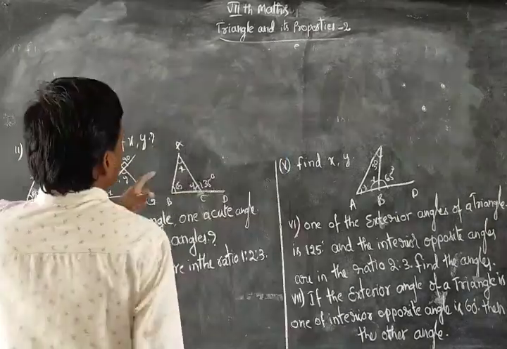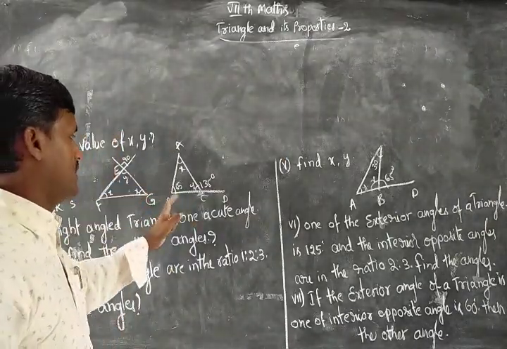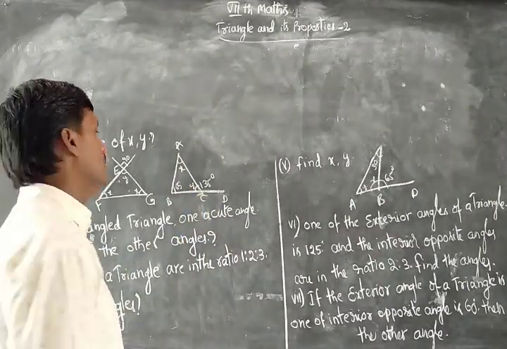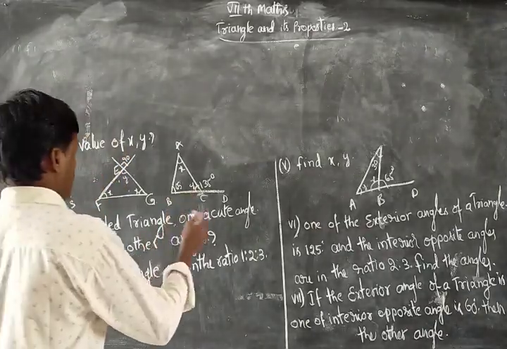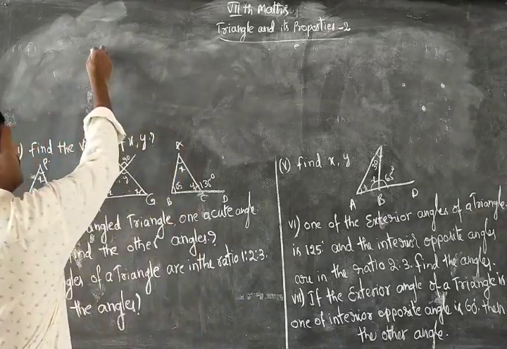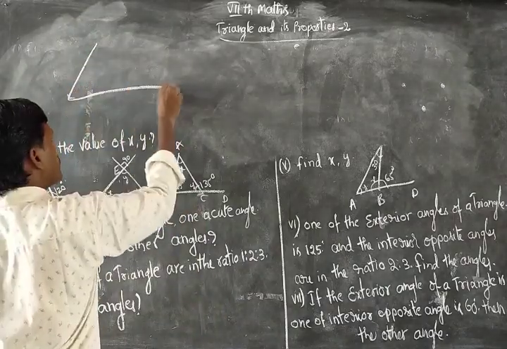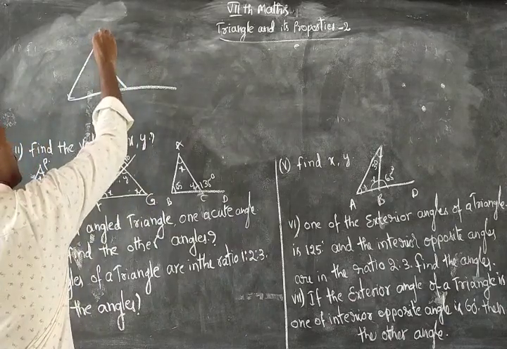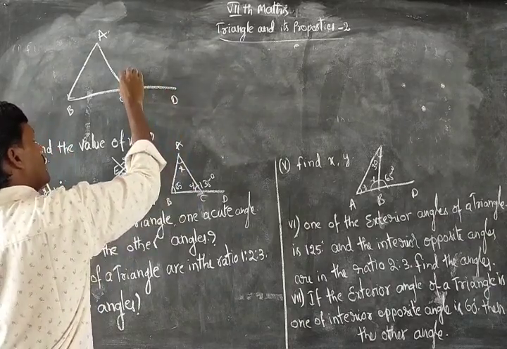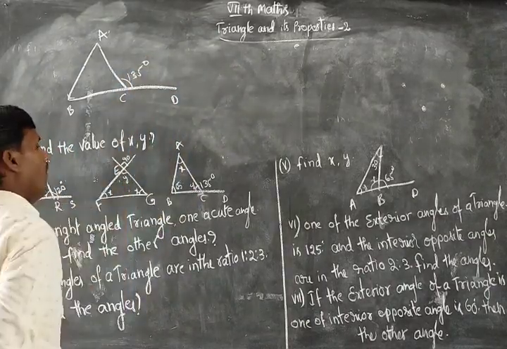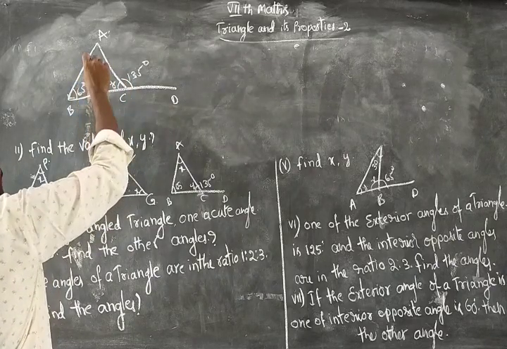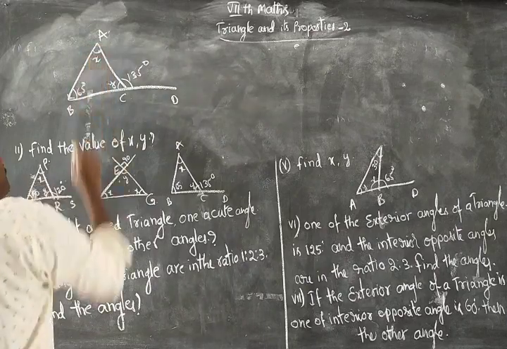Next triangle. What is that? ABC is a triangle and angle ACD is an exterior angle of the triangle. We have to find the y and x values. When you draw the triangle A, B, C, D, here ACD is an exterior angle and y, 65 degrees, x.